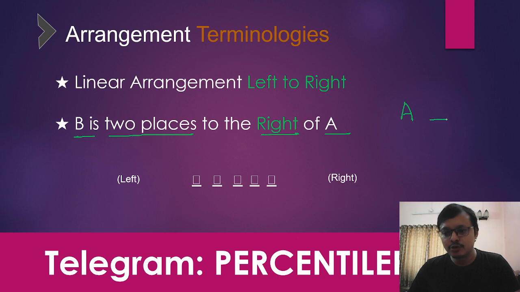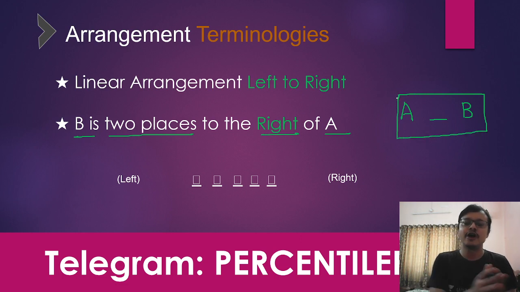So basically 1 place to the right and then the second place to the right will be B, which means you must have a sequence of A dash B. So what you need to do is look for a sequence which has A followed by a dash, that is a blank, followed by B. So always look for one such sequence.